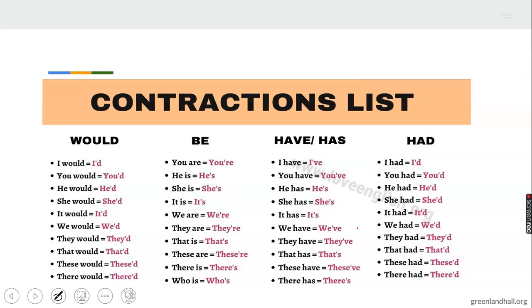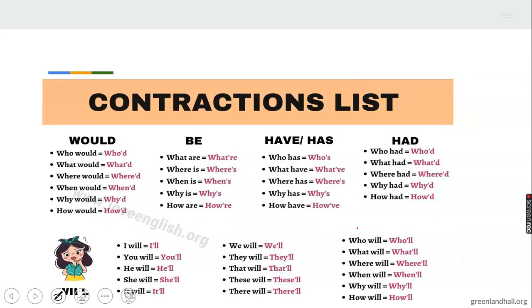And then in the place where the letters have been omitted, we make use of a sign. And that sign is what? The apostrophe. You know, we have different punctuation marks, different punctuation signs in English language. Okay, so the punctuation sign used is the apostrophe. Is that taken? Okay, we have more here too.